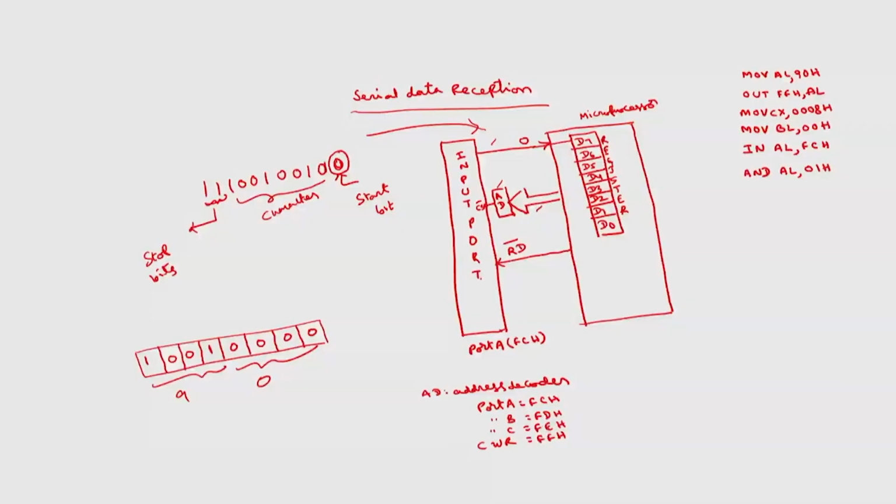Whatever is received on the input port, this entire input port, because we are not using PA7 to PA1, PA6, PA5, PA4, PA3, PA2, PA1, PA0. Here some bits will be received, but we are not using these bits. So, if I write IN AL comma FCH, this entire data will come into the AL register.